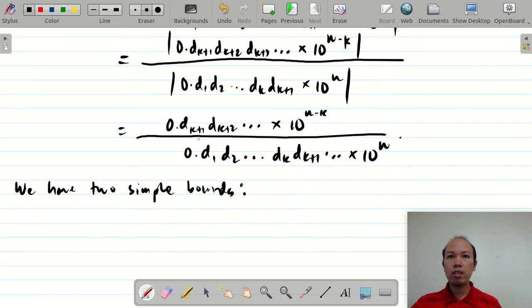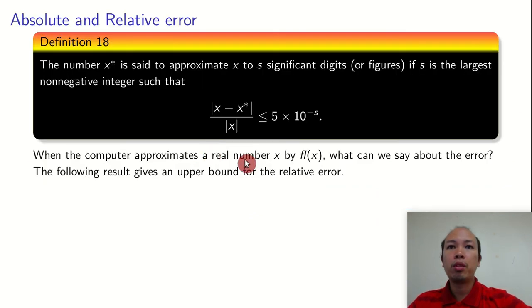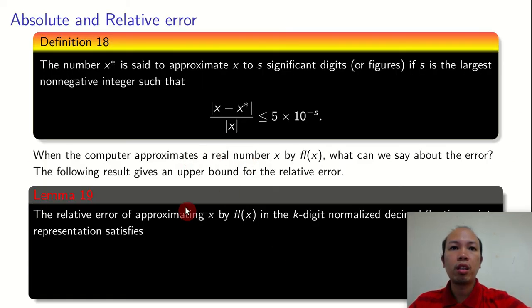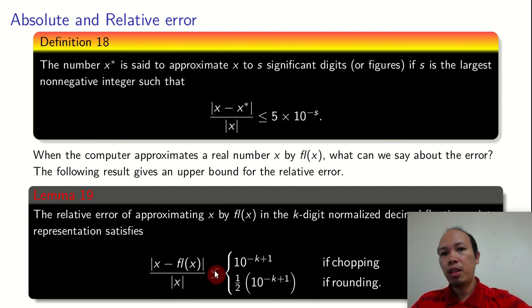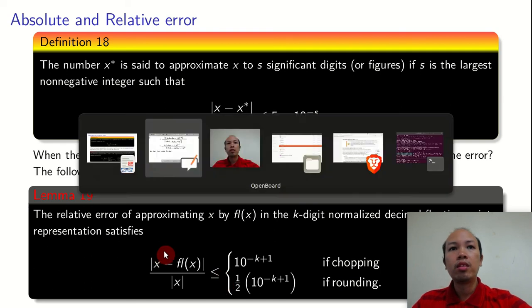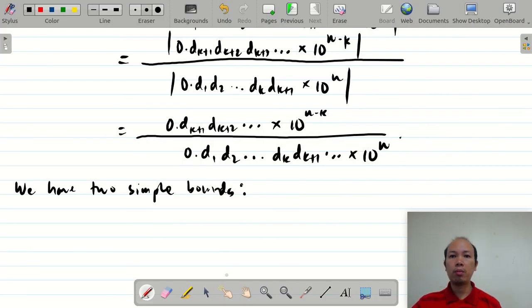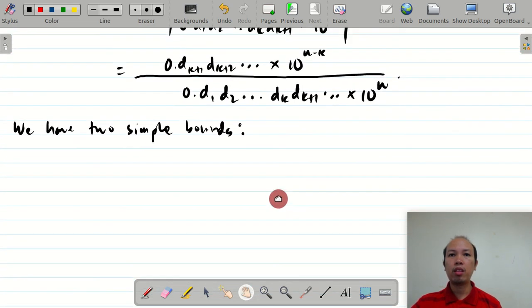So why is it that we have to bound? If you recall, in our lemma, we have here the inequality less than or equal. So therefore, what is being asked in the lemma is to get the bound.